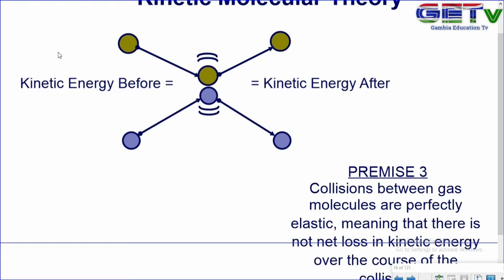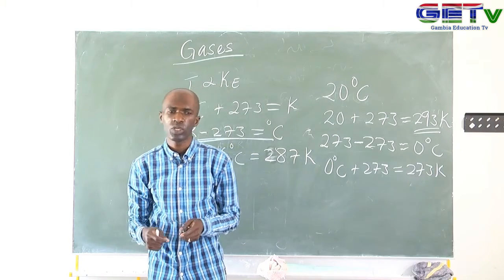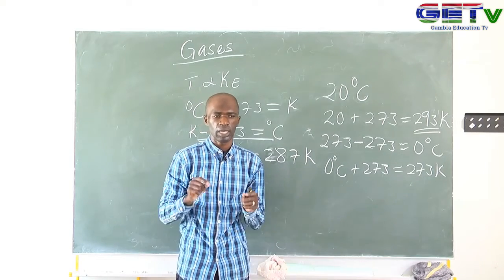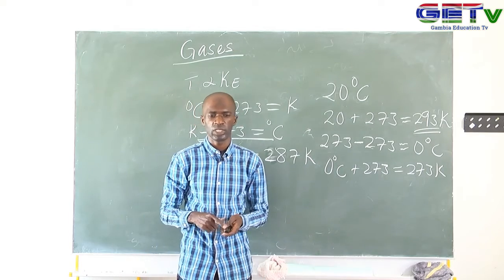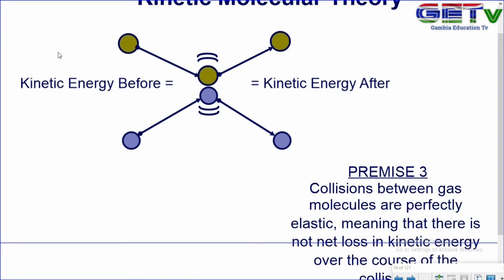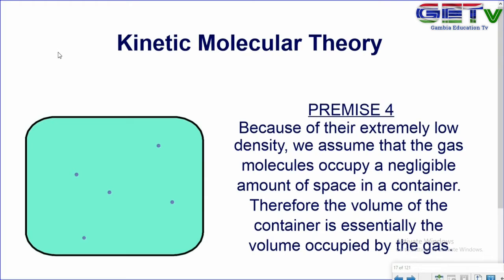The energy of the gas molecules before collision is equal to the energy after collision, and we call this type of collision perfectly elastic. The fourth premise is that because of their extremely low density, we assume that the gas molecules occupy a negligible amount of space in a container. Therefore, the volume of the container is essentially the volume occupied by the gas.